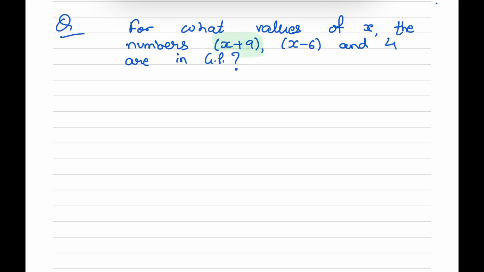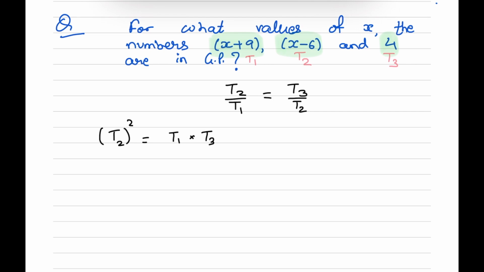So we mark x plus 9 as T1, x minus 6 as the second term T2, and 4 as the third term T3. Then when these numbers are in GP, we can say that T2 upon T1 is equal to T3 upon T2, or we can write that T2 square equals T1 times T3.